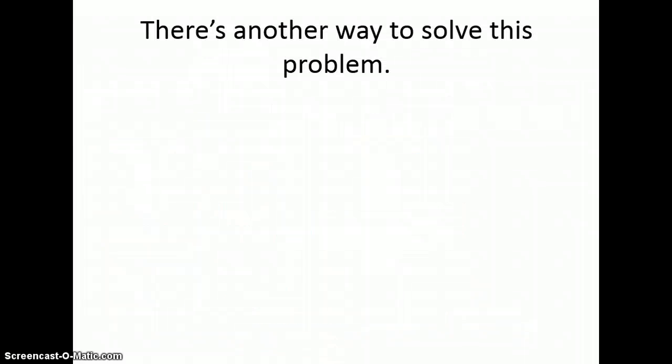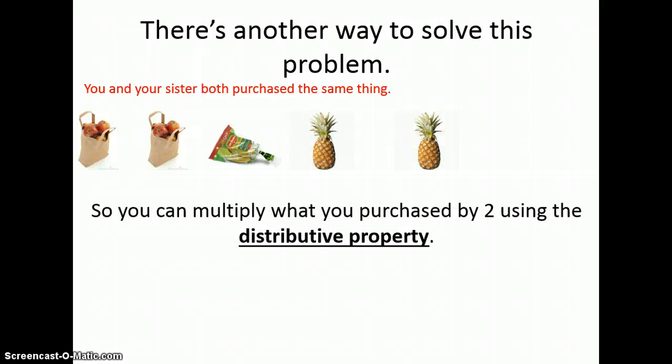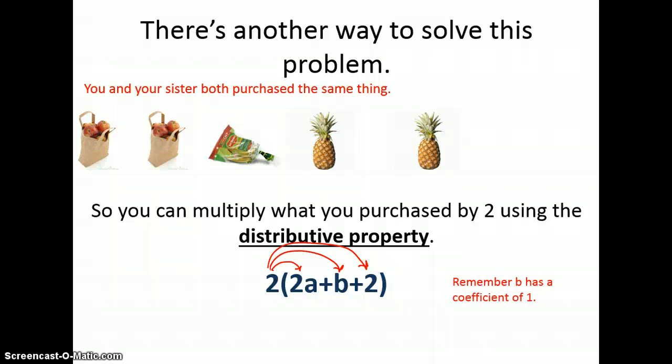Or I could think of this problem in another way. You and your sister both purchased the same thing. So we could actually multiply what you purchased by 2 using the distributive property. When I do that, I multiply 2 by every term in the parentheses. And since I don't know what a or b is, I can't multiply 2 times a, but I can multiply 2 times its coefficient.